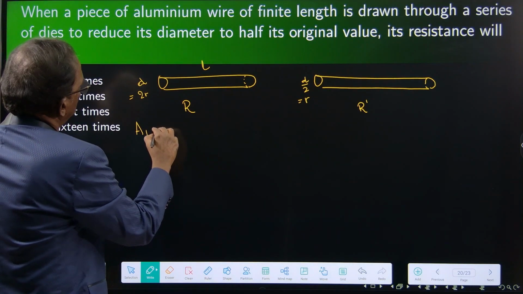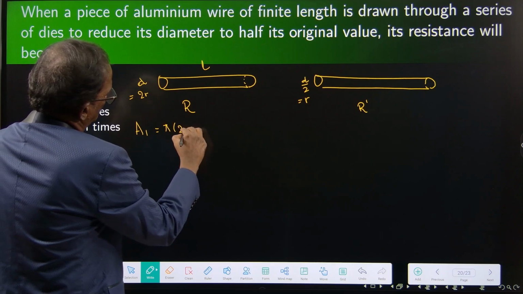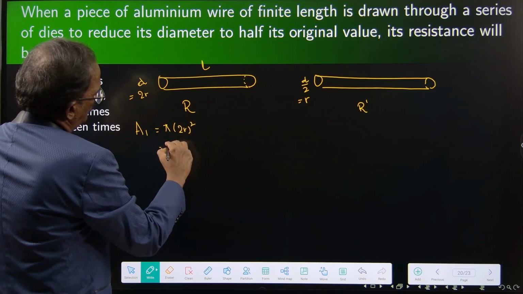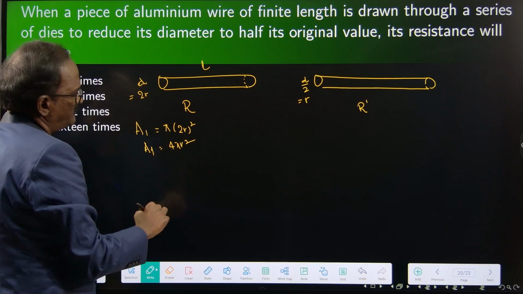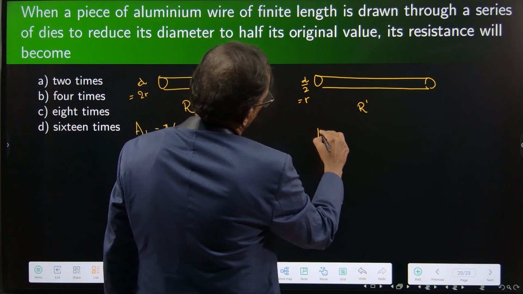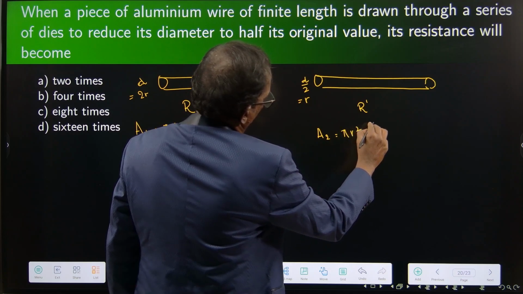So let it be A1. A1 is equal to pi into 2R square, 4 pi R square. A2 is pi into R square.